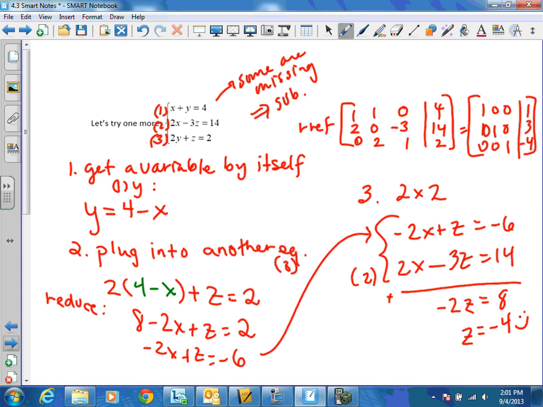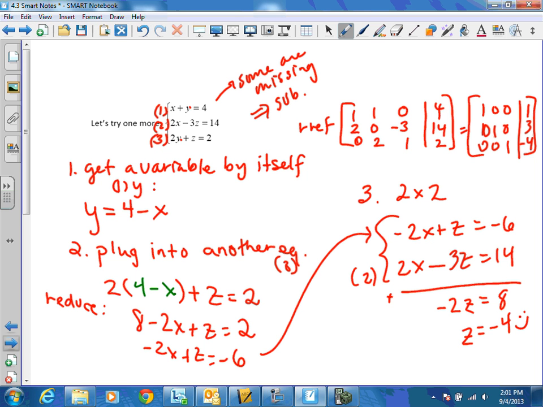On the right track. We substituted the first one into the second one. So we picked any variable to get by itself. We got y by itself, that's the one Jalen picked. Doesn't matter which one. Then the only other one I can plug it into is that one. We substitute that one.